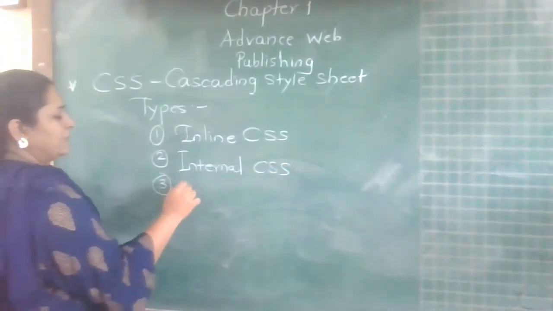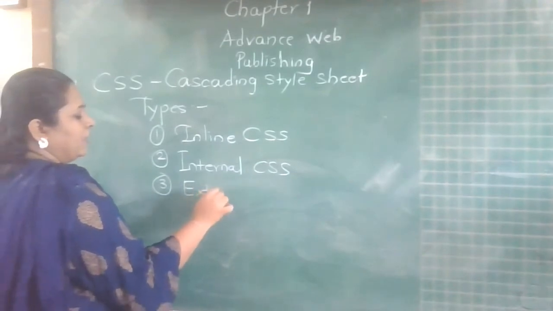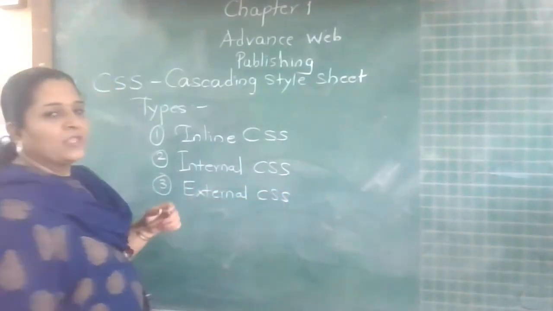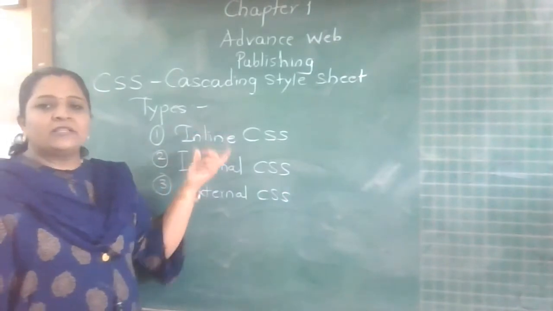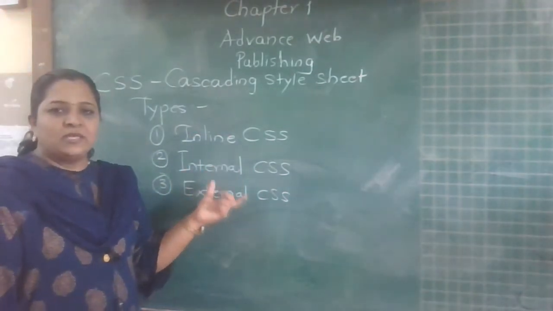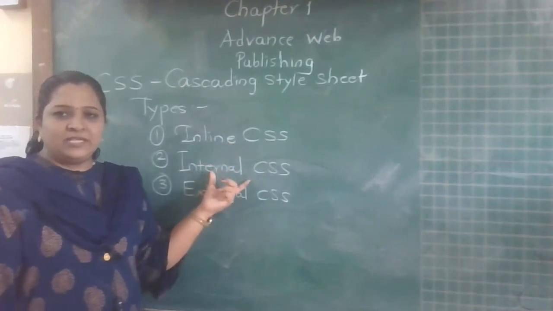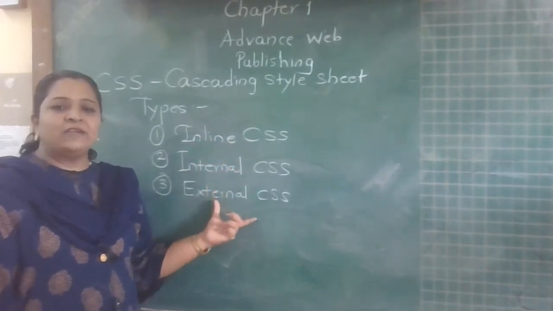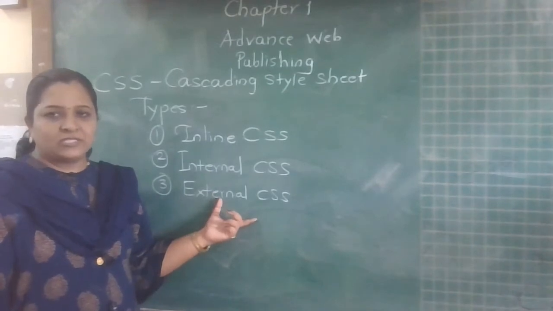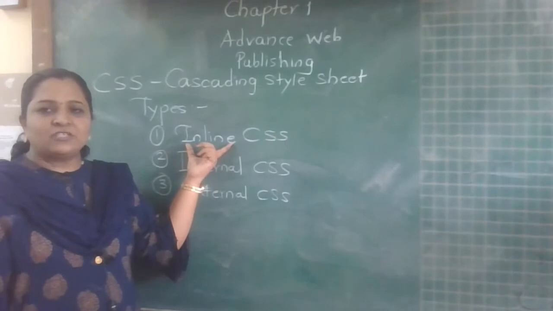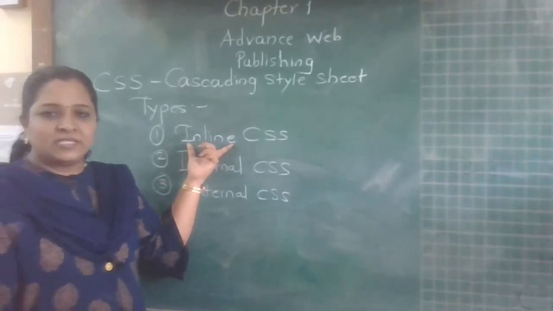And the third type is external cascading style sheet. So these are the 3 different types of CSS: the first one is inline CSS, the second one is internal CSS, and the third one is external CSS. Now we will start with the first, which is known as inline CSS.